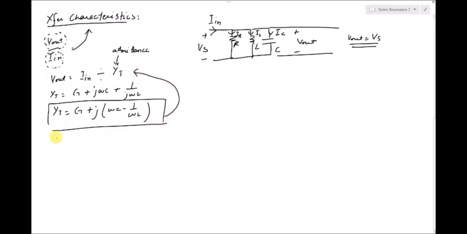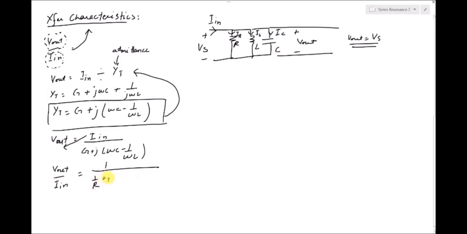Now the Vout equation will become Iin over G plus j(omega C minus 1 over omega L). And if I take this input current to the other side of the equality, Vout over Iin will become 1 over 1 over R plus j(omega C minus 1 over omega L), where G is the inverse of resistance.